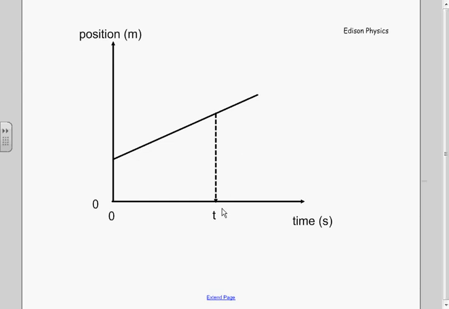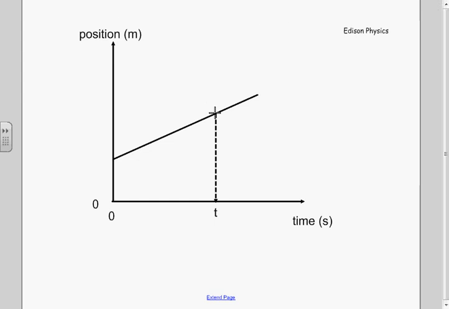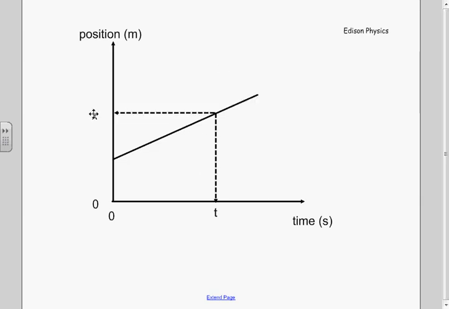I have reached a new position. My new position is over here. And we're going to call my new position x, because x is the variable we use for position. So in time t, I traveled to position x.